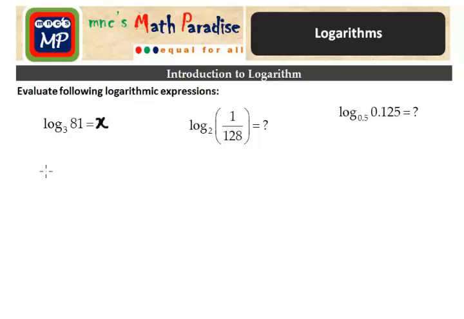We know that if y equals a to the power x, then x equals log a base y. So x, the power, equals log, where the exponent's base becomes the base and y becomes the value.